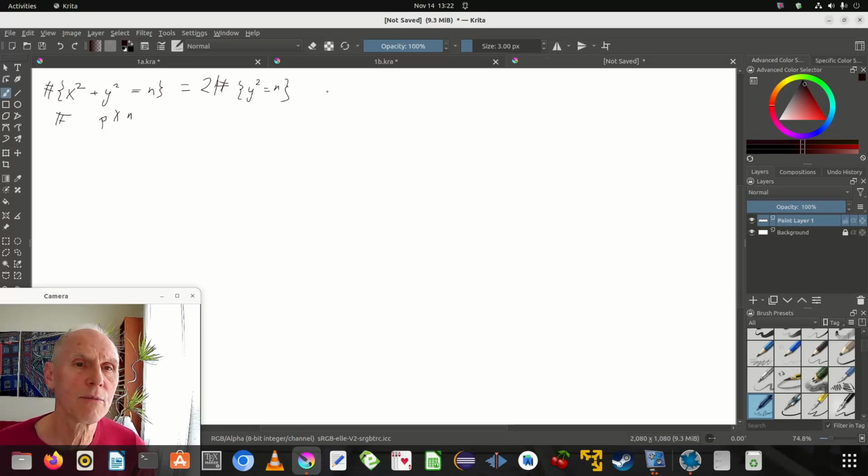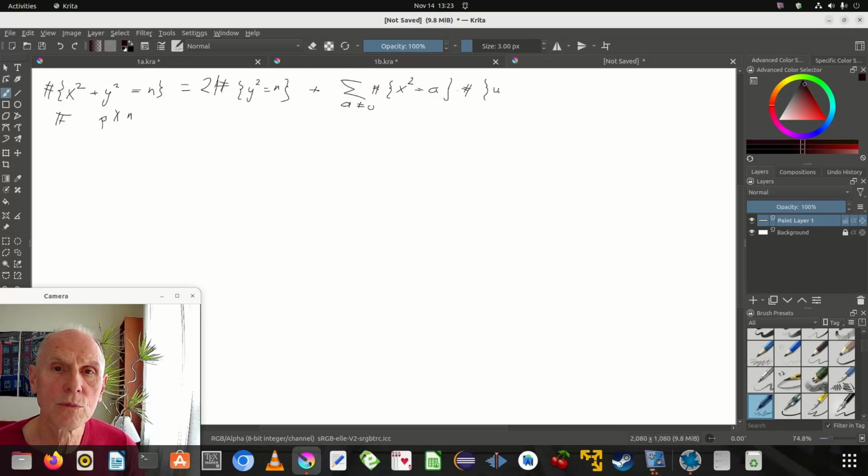So it's twice the number of solutions to this, plus we sum over x squared being equal to a, not 0, times the number of solutions to y squared being equal to n minus a.